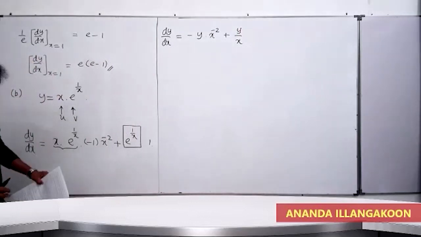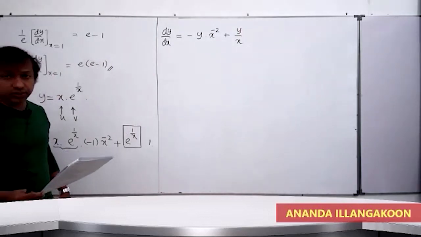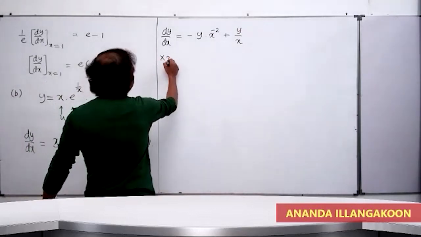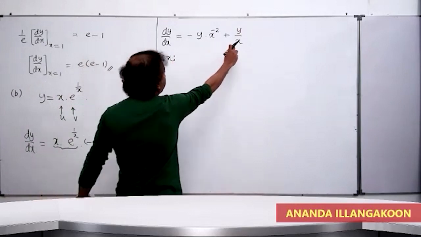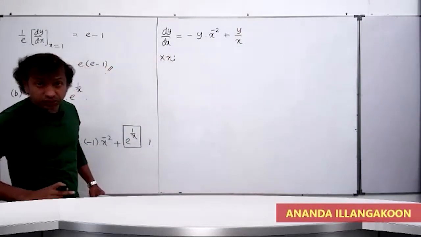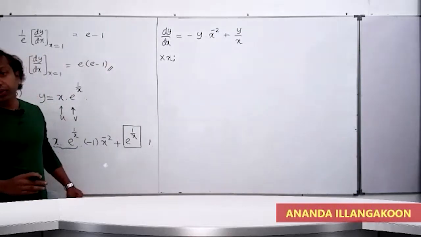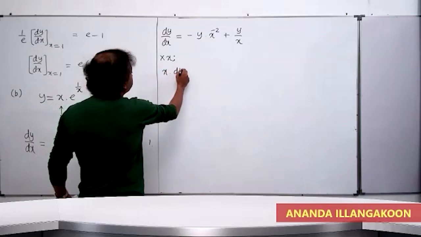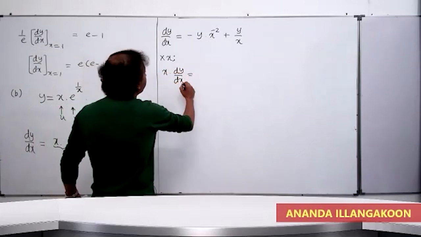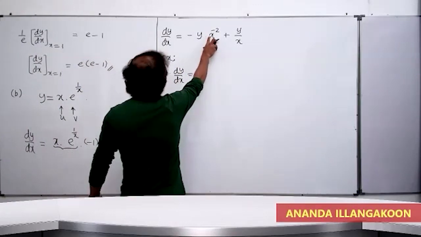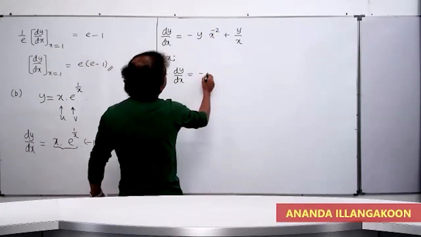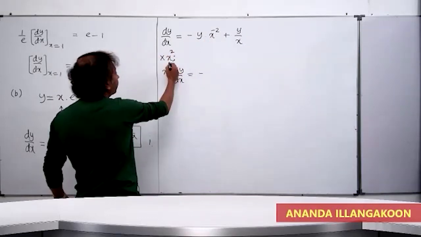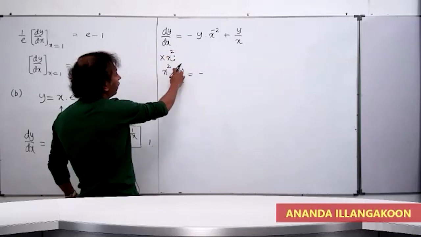Now we have to differentiate this again, because the second derivative is involved in the answer. So what we do, people, is multiply both sides by x, in order to eliminate the denominator x, so that we can avoid differentiating the ratio. Then we get x times dy by dx. Shall we multiply this by x squared? Yes, multiply by x squared. Then we get x squared dy by dx.